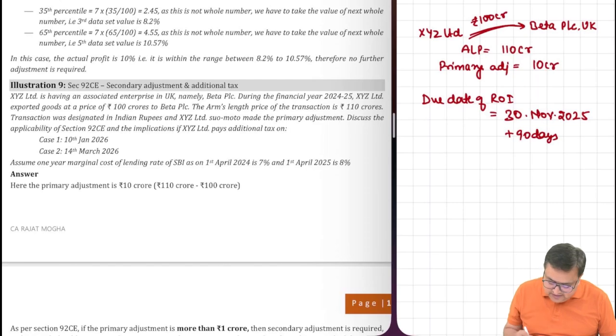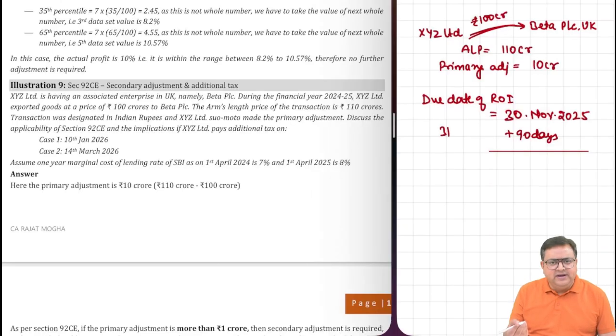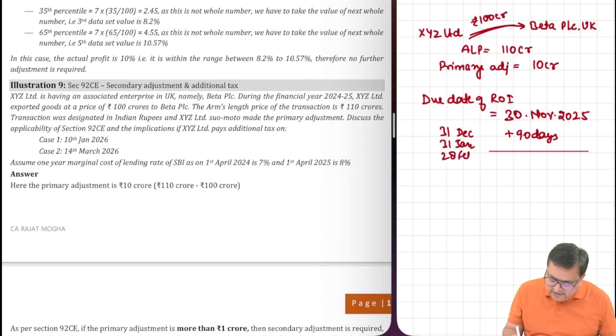So tell me, this 90 days will come on what? From November, calculate 90 days. December has 31 days, January has 31 days, 62, plus 28 days of February. So this money should be brought into India by 28th February 2026.